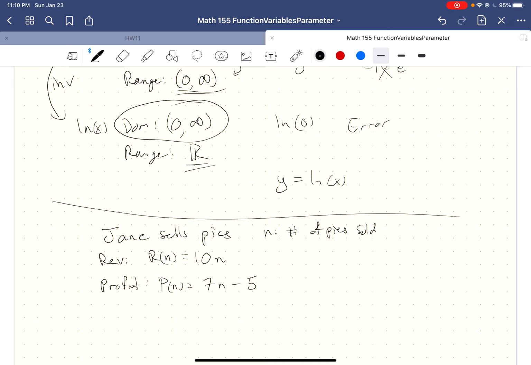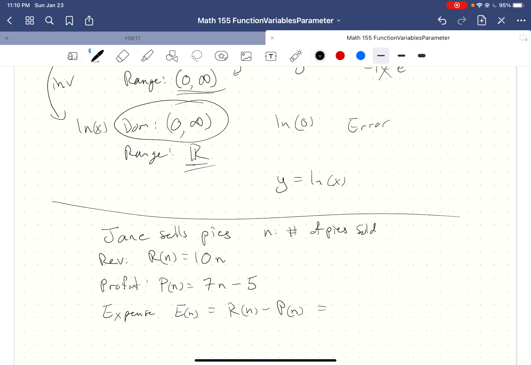So now if I wanted to figure out, okay, what's her expenses? So her expenses as a function of how many pies she sells. So E as a function of N. Well, her expenses are just going to be her revenue minus her profit. That difference, that gap, is the money she has to spend to keep her business going.